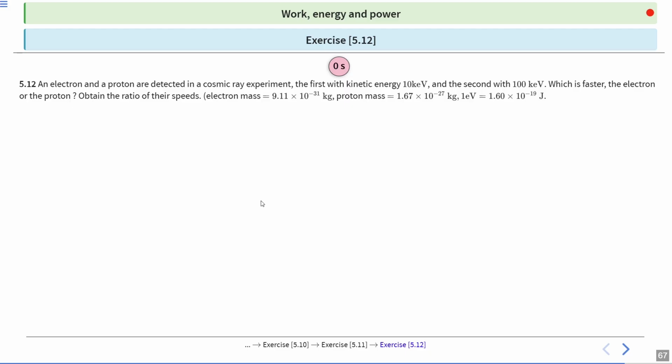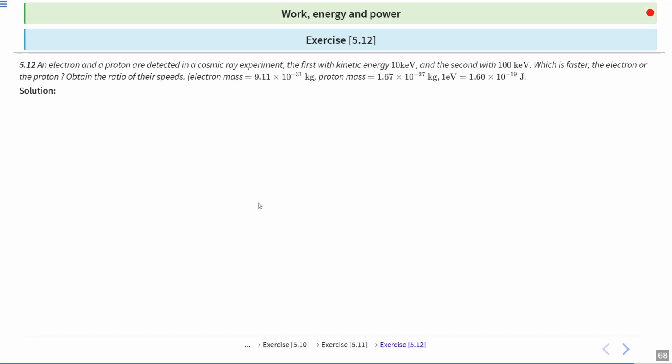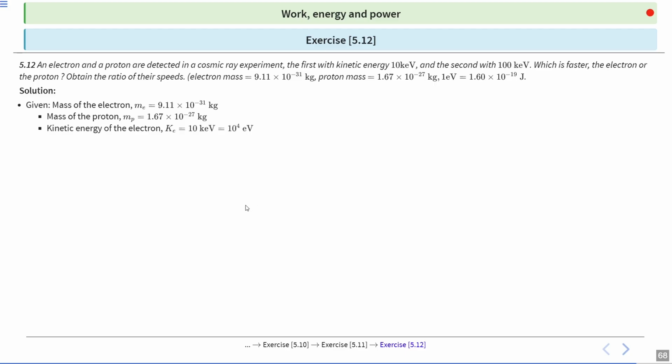Let's see the solution of this question. So, given terms: mass of the electron is 9.11 into 10 raised to the power minus 31 kg. Similarly, mass of the proton, and kinetic energy of the electron, that is 10 raised to the power 4 electron volt, and kinetic energy in joule is 1.6 into 10 raised to the power minus 15, because we know 1 electron volt is 1.6 into 10 raised to the power minus 19 joule.